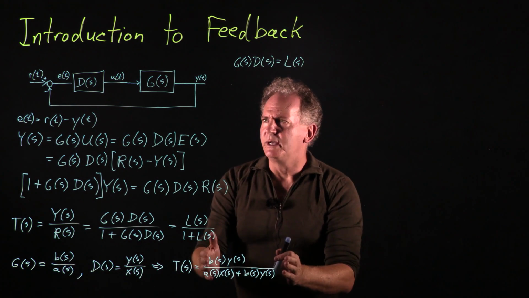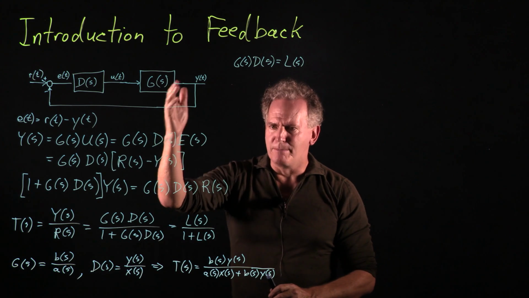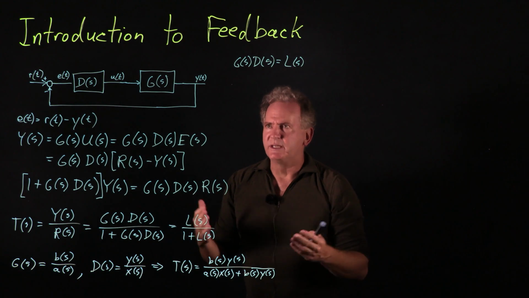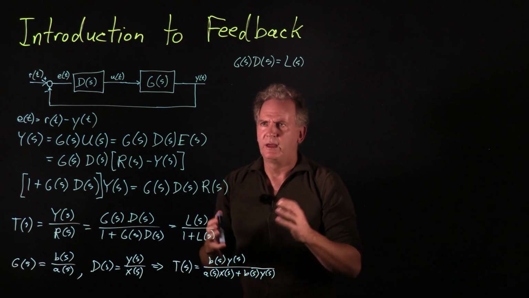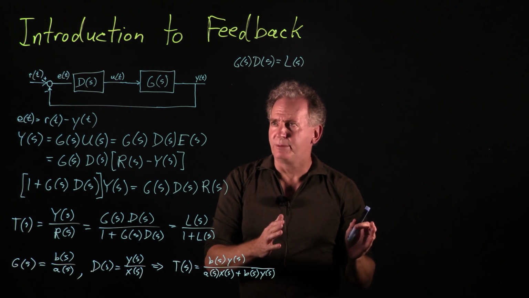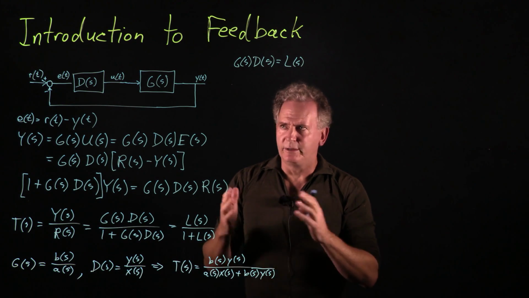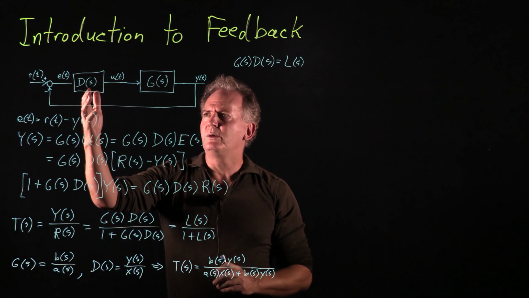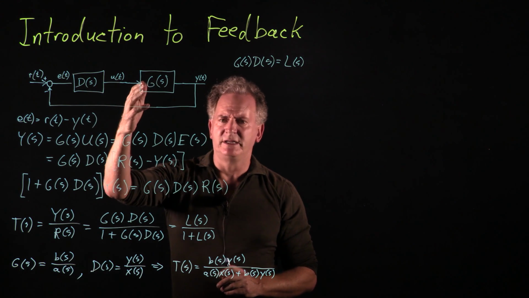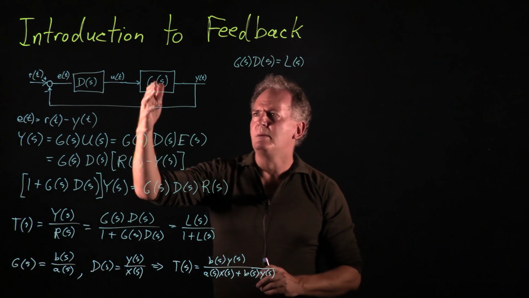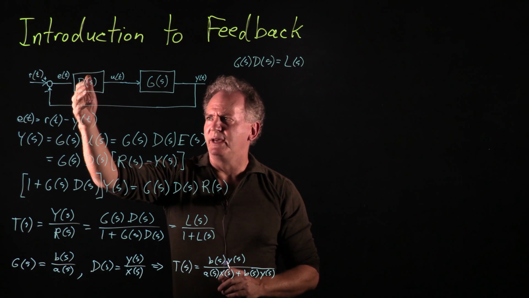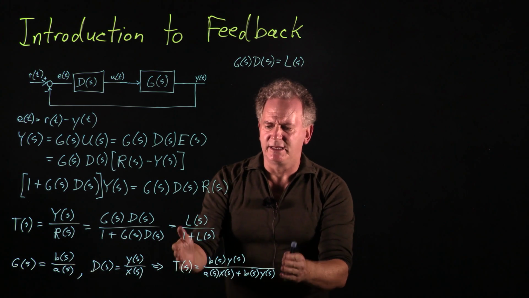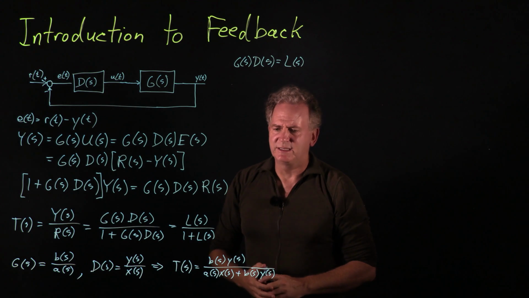So the fundamental point is that the dynamics of G(s) might be bad. They might be unstable, or they might be marginally stable, and so they might have poles either in the right half plane, in which case it's unstable, or poles near the imaginary axis, so it's marginally stable. And so what we would like to do is fundamentally alter the dynamics otherwise expressed by the system by appropriate design of D(s), in other words, the appropriate design of Y(s) and X(s), such that the transfer function T(s) is stable.